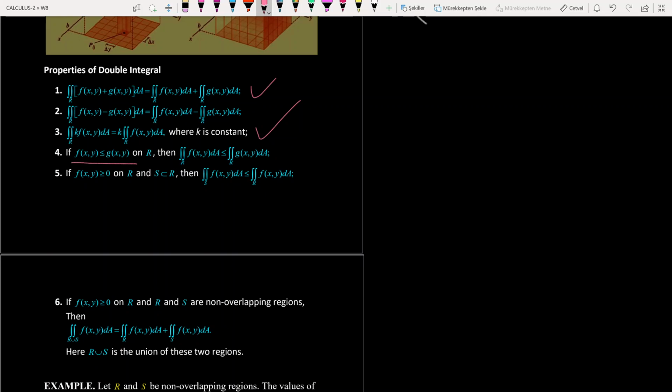Now I want to remind something else. For the function of one variable, we find the integral on R, on the real line. So we find the area under the curve of f of x on a real line.